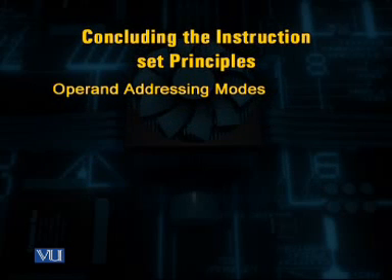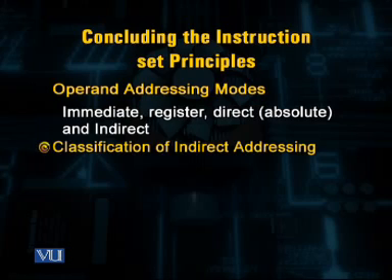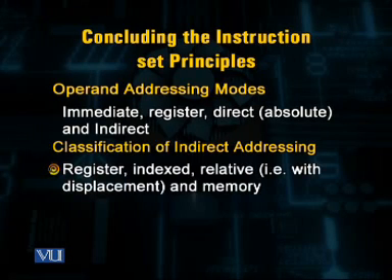Following this, we discussed the different addressing modes, which included the immediate addressing mode, the register addressing mode, the direct or absolute addressing mode, and the indirect addressing mode. Then we talked about the classifications of indirect addressing mode in detail, including the register type, the index type, the relative type, and memory indirect addressing modes.